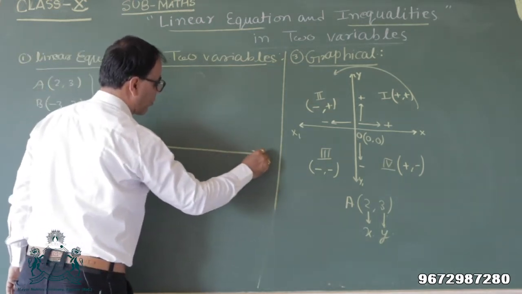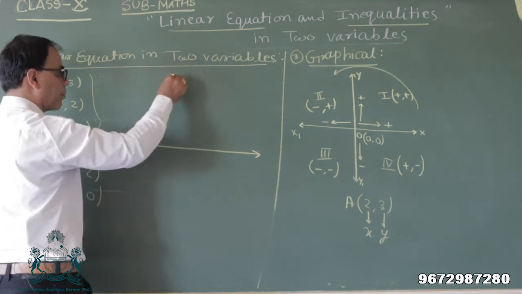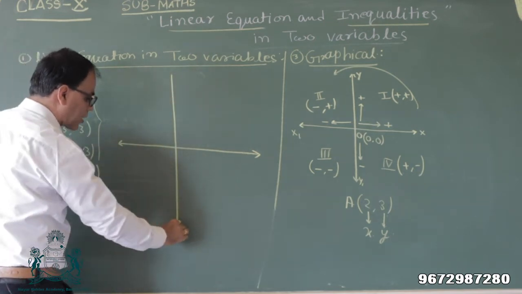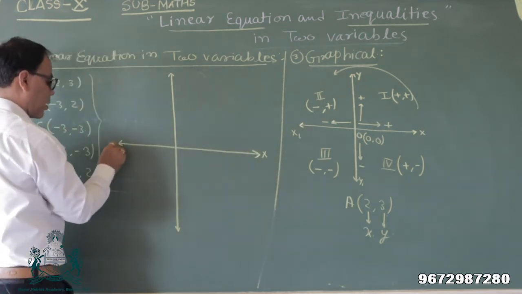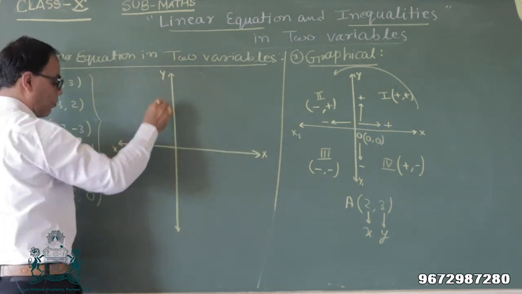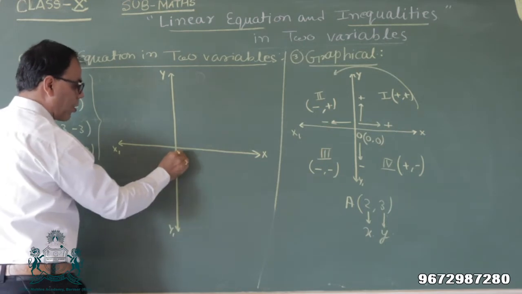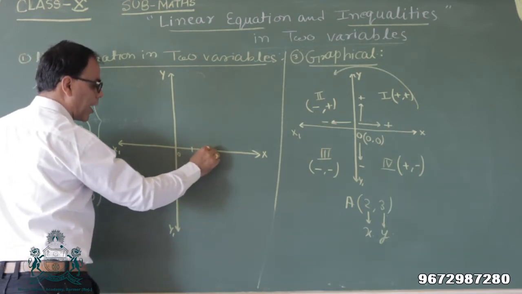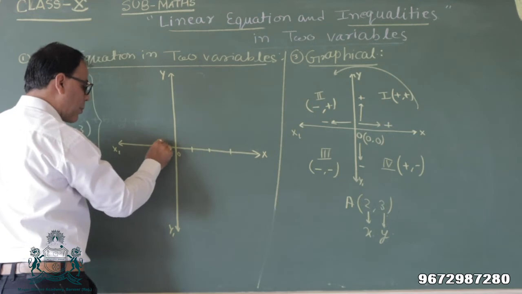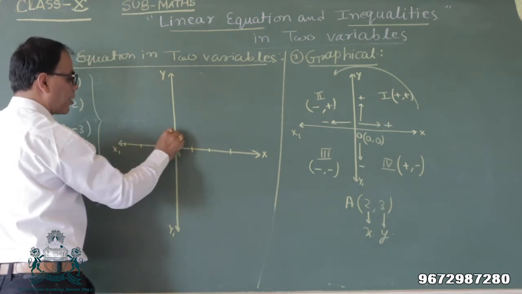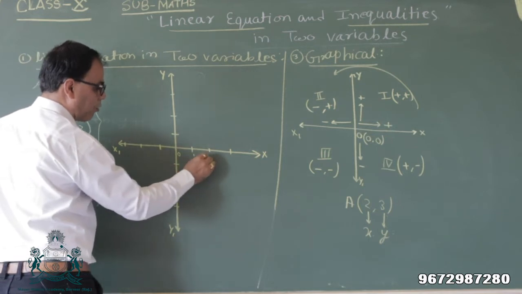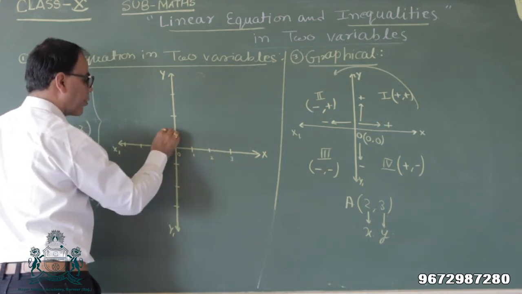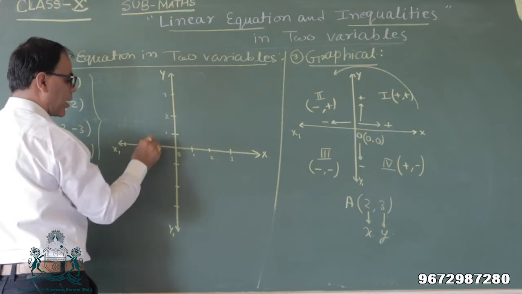Represent on the graph: x axis, y axis, x1, y1, origin point, and some positive and negative points. Positive numbers 1, 2 and 3.